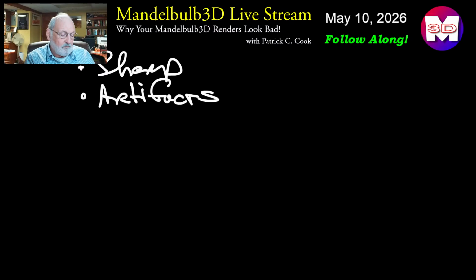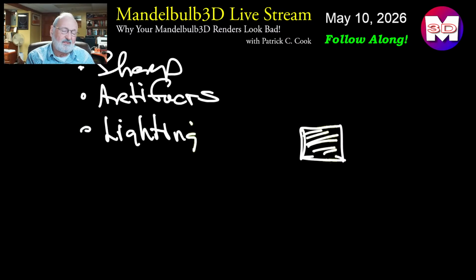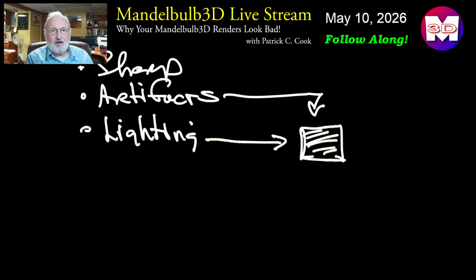But it also has a significant role in lighting. The reason for that is that if your pixel on that particular ray is well defined, then the lighting is going to be more accurate. If the DE stop is way off, you're going to get artifacts, and those pixels are going to begin to show junk.